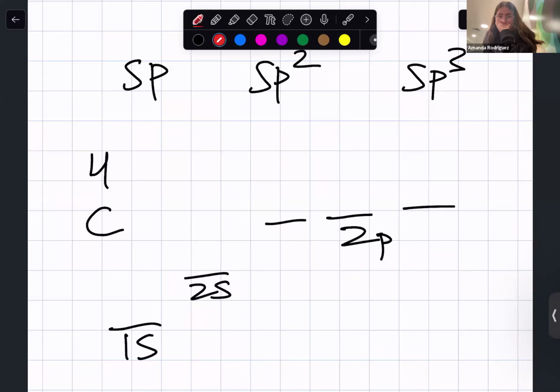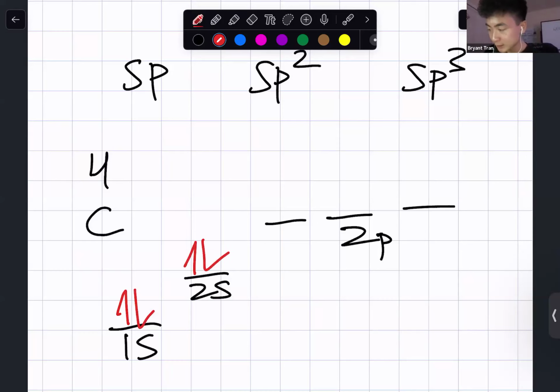I think I would put one arrow on each one until I filled all the spots I can. Yeah, one at a time, right? 1s has two spots, so two there, that's four.